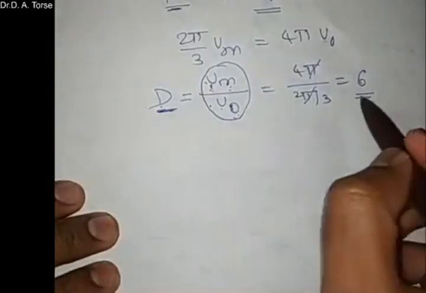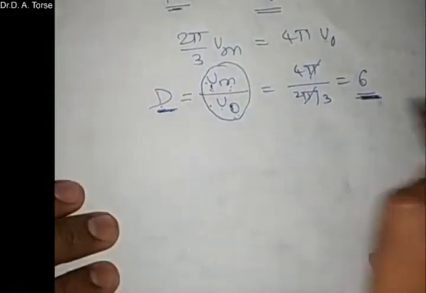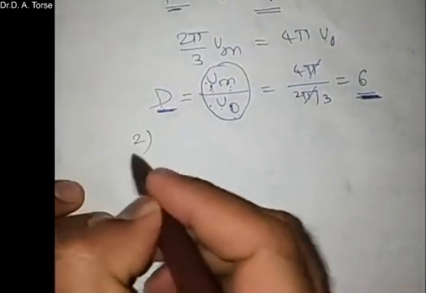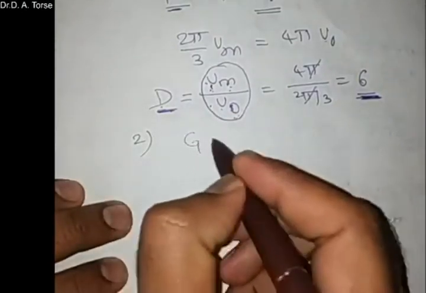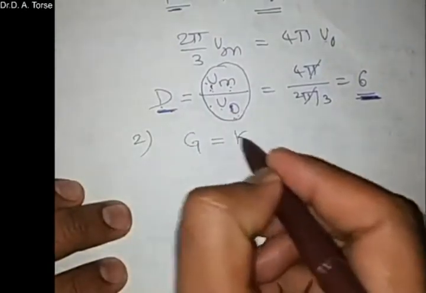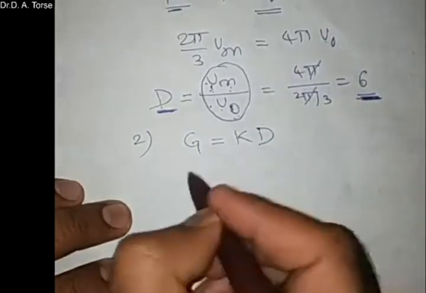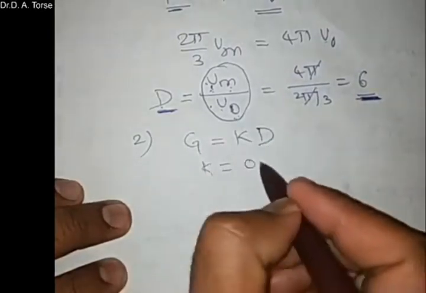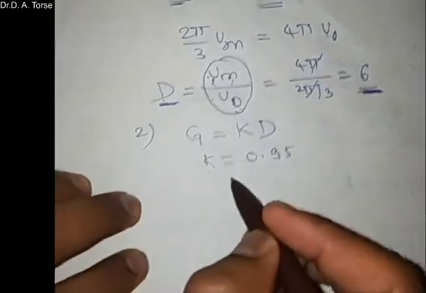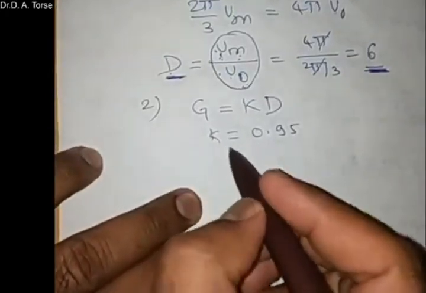Now directivity is a unitless number. From the directivity value, the second term can be calculated, which is gain, as the product of efficiency and directivity. The given antenna is 95% efficient, so K is 0.95.